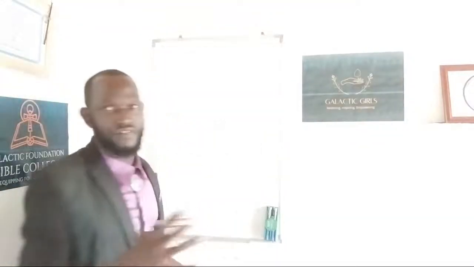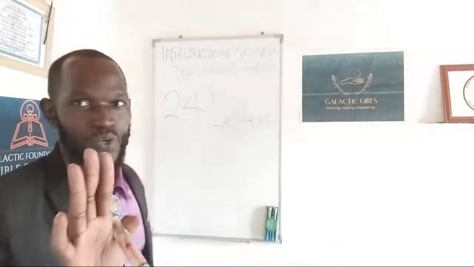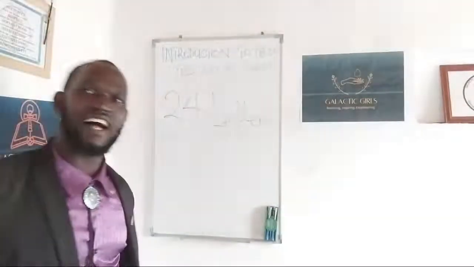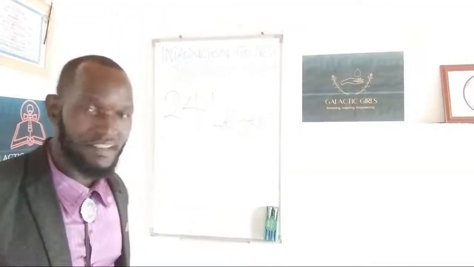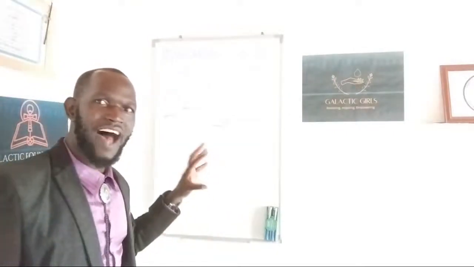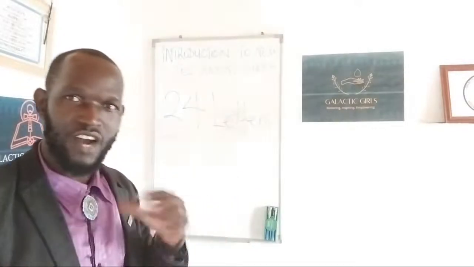In the English alphabet, for example, we have 26. However, you will discover as we study that out of these 24 letters, certain letters are repeated.